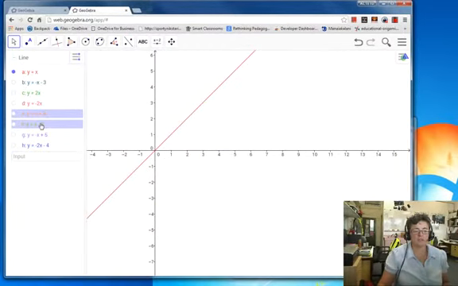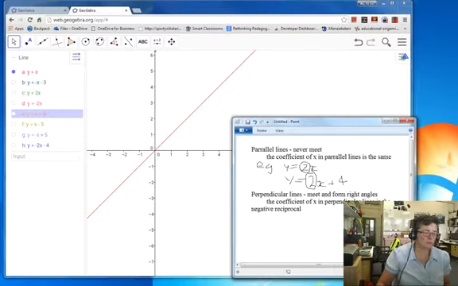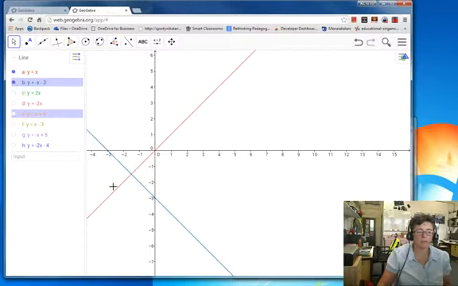Perpendicular lines meet at right angles. So if I go here and put in the equation y equals minus x plus 3, it meets at a right angle. Because I've made it minus 3, it moves the line down.